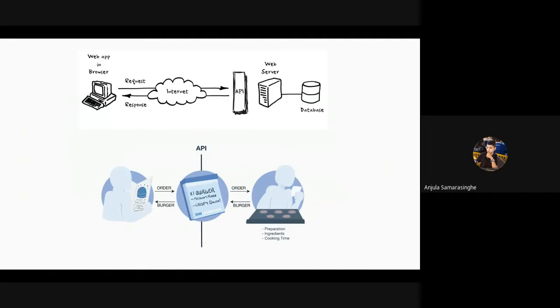The waiter takes the order from the customer and gives it to the kitchen to make. And once the meal is prepared, he gets it back and gives it to the customer. So that's how an API works.